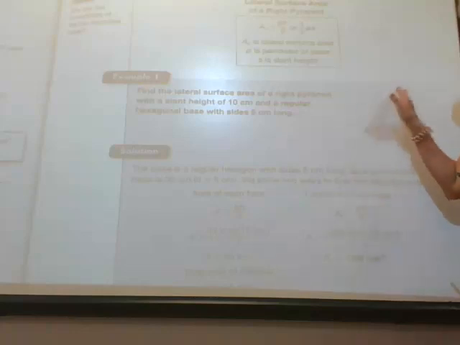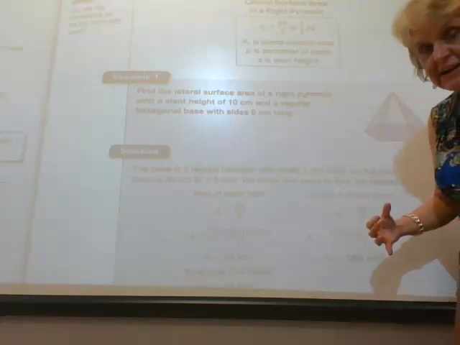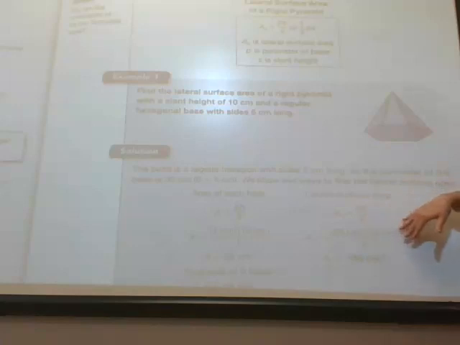So it doesn't matter to me how you get the answer, as long as it's the right answer, okay? So you can get the area of one of your triangular faces and then multiply it by how many there are. With a hexagonal base, you'd have 6 of them. I hope you realize that. Okay, if it were a pentagonal base, you'd have 5 of them. But you can also plug into this formula if it makes sense to you.